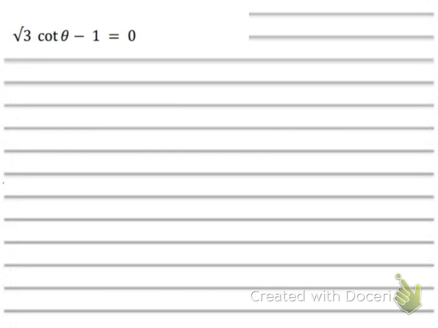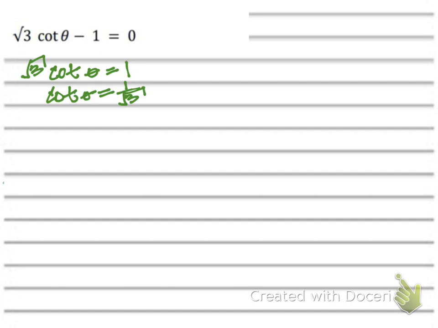Now we have a cotangent. So we're going to add 1 to both sides, and I'm going to have root 3 cotangent theta equals 1. So the cotangent of theta is 1 over root 3. So cotangent is positive where the signs are the same, right?